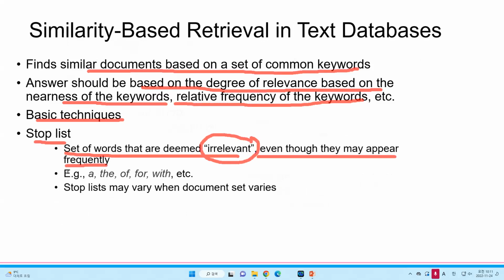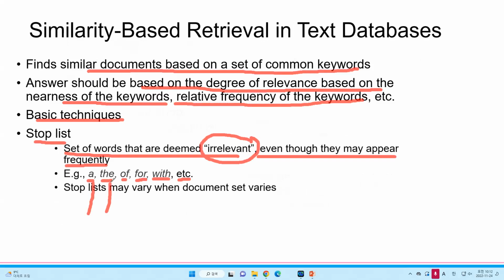In English, you can see there are many words like the, of, for, with, etc. Those words are actually not that important because they just represent whether something is singular or plural.